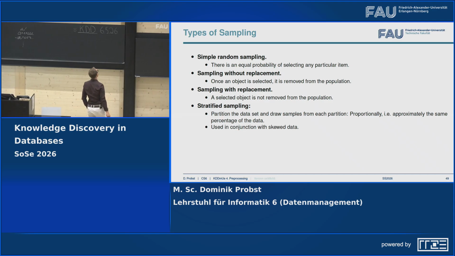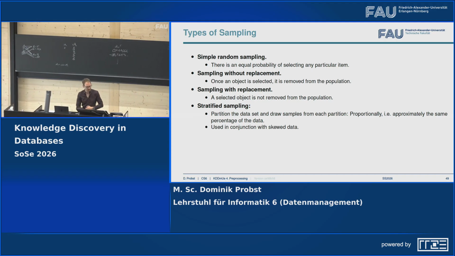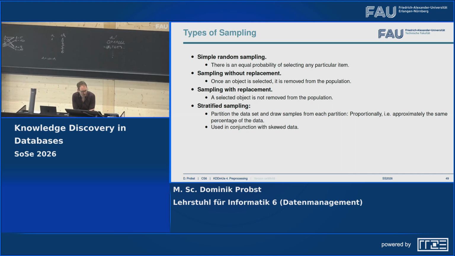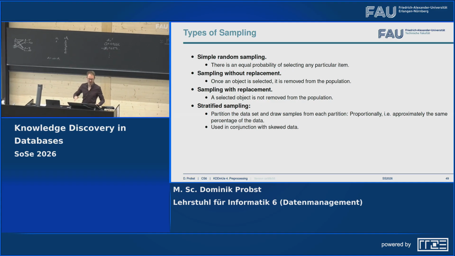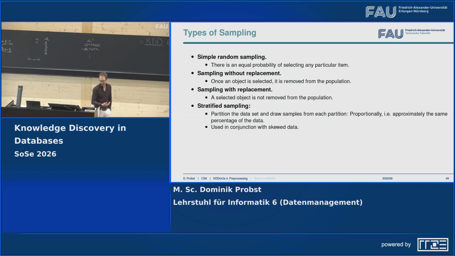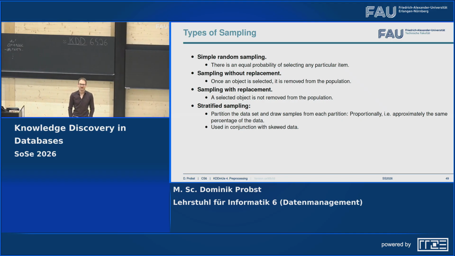We can differentiate between sampling without replacement and sampling with replacement. In one case, once an object is selected, it's removed from the population. In the other case, it's not removed from the population, so it can be sampled a second time. In most cases, you would do without replacement because it avoids having a bias on one sample.